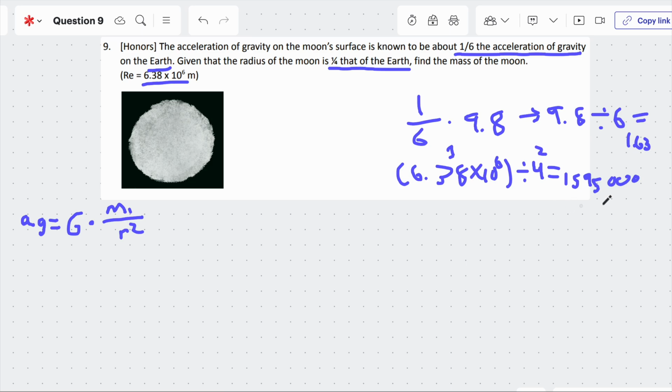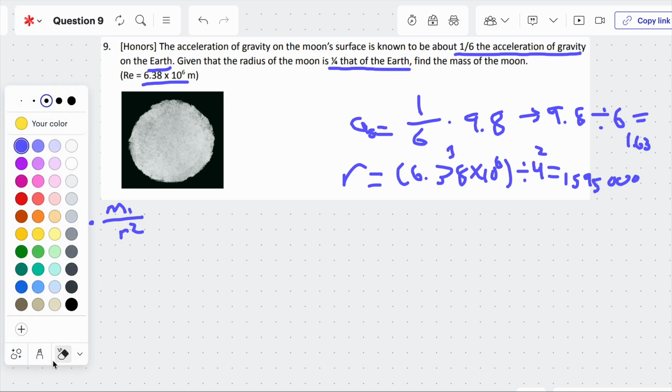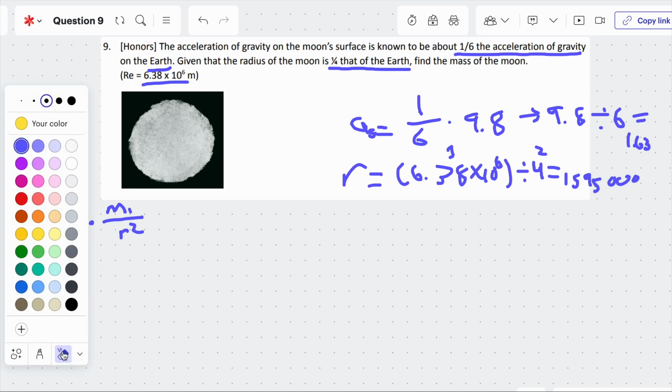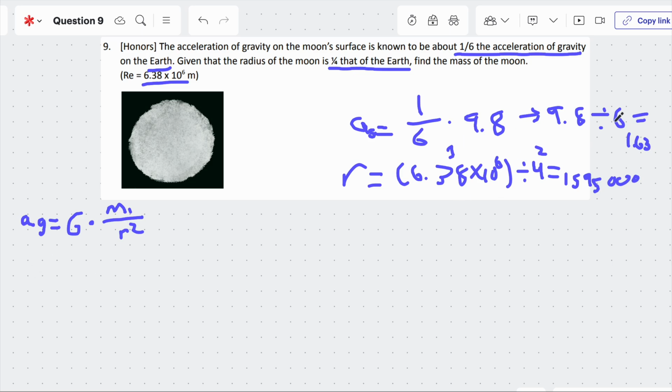Long numbers. So now we have our radius and our acceleration of gravity, and we know big G, so we can plug in everything and then just solve for mass. Our acceleration of gravity was 1.63 repeating, so I'm just going to go 1.633 equals our big G, 6.67 times 10 to the negative 11th, times the mass of the moon.